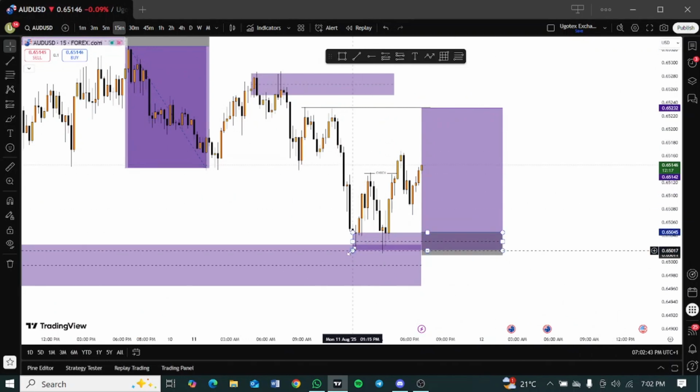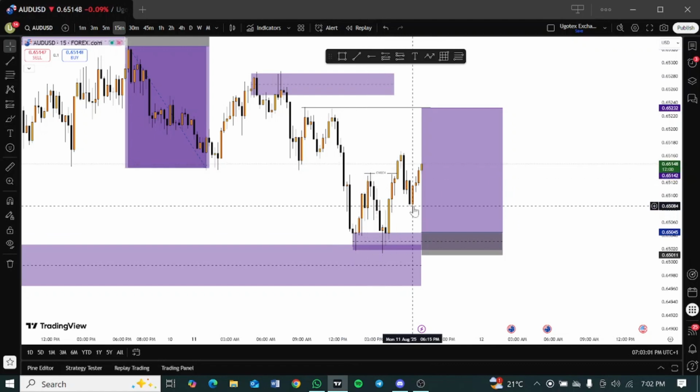Price first tapped into the demand zone here, created this lower high, and it swept this low, and then it created a market structure shift or a change of character, whichever you want to call it. Now it's pulled back and it's going up.